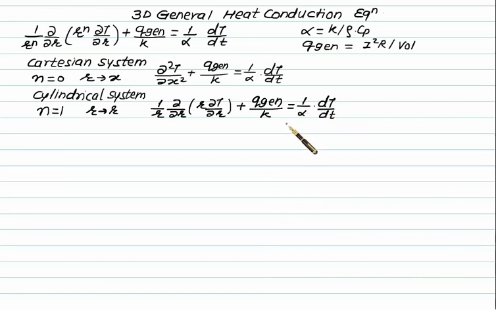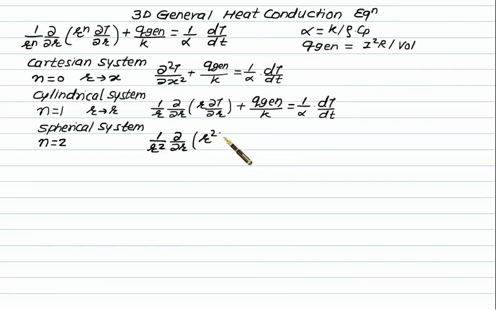And in the case of spherical, put n equal to 2, R will be as it is. So we have 1 upon R square into del by del R of R square into del T by del R plus Q generation divided by K equal to 1 by alpha dT by dt.